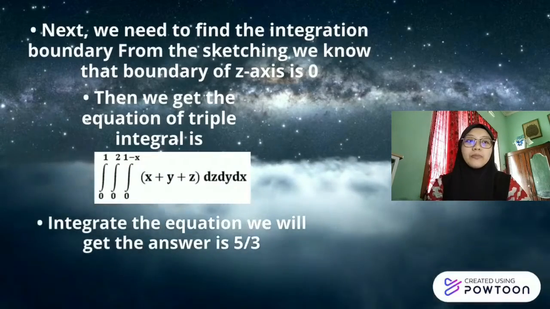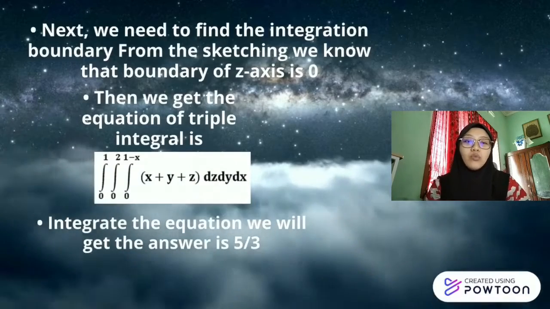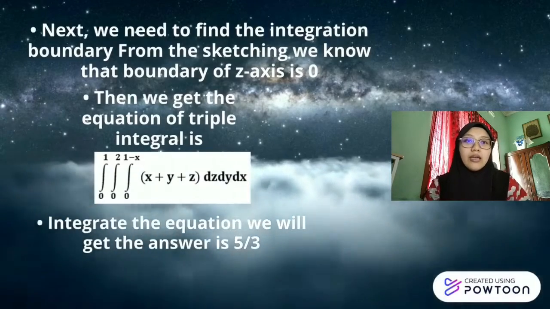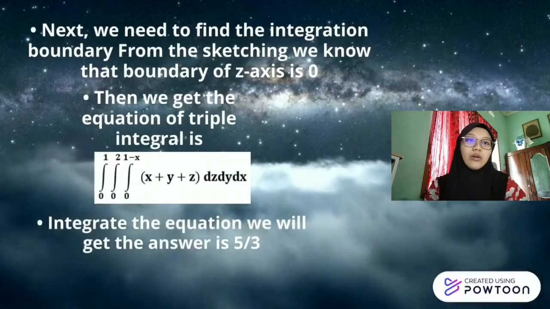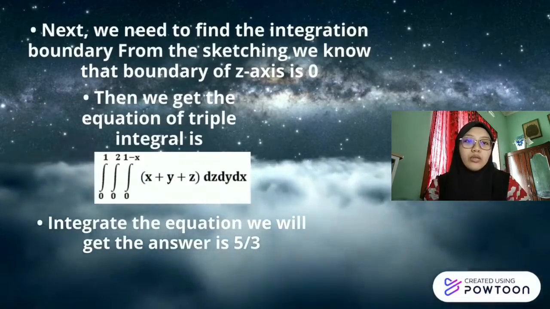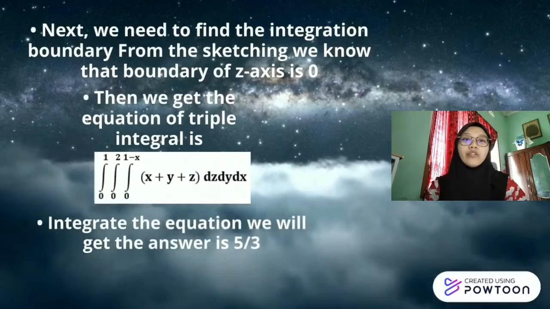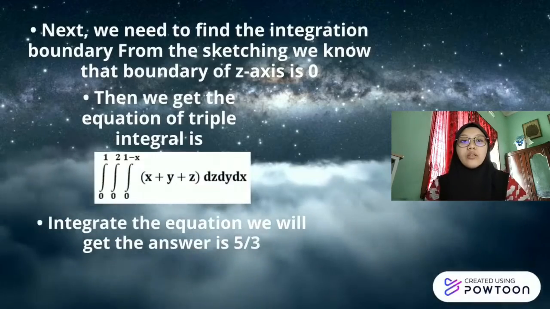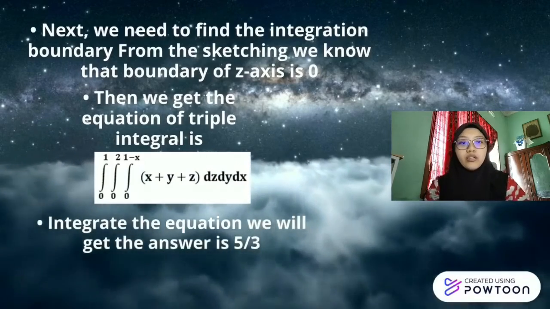So we will get the triple integral of x plus y plus z, from 0 until 1 minus x dz, 0 until 2 dy, and 0 until 1 dx. We calculate the triple integral and the final answer is equal to 5 over 3. So that is the step to calculate using the divergence theorem.